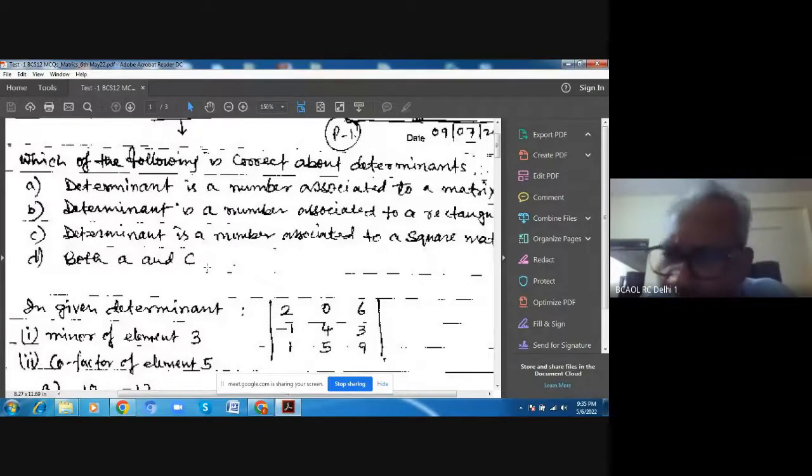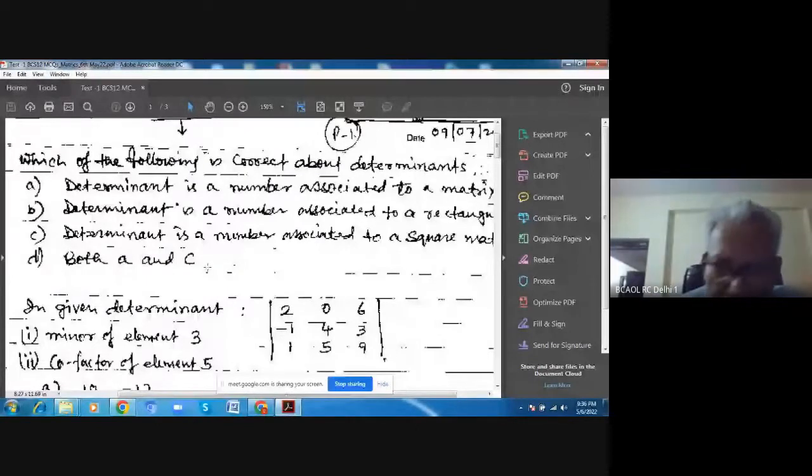Maybe the other students are not responding because they are hesitating to say something. No problem, because I'm trying to make my classes more interesting, with the theory and at the same time MCQ type questions, so that you revise, gain confidence, and the concepts also become clear. That is why I am presenting some MCQ type questions. Okay, now the next question.